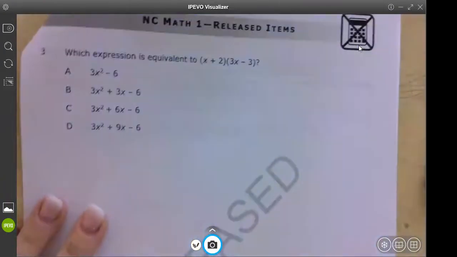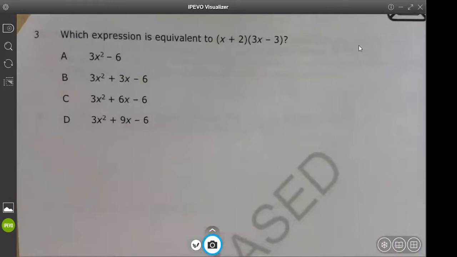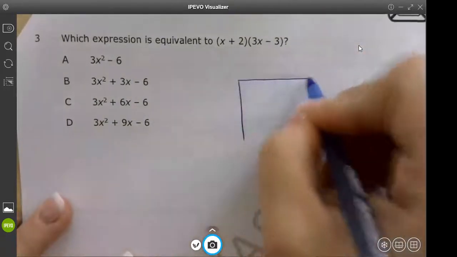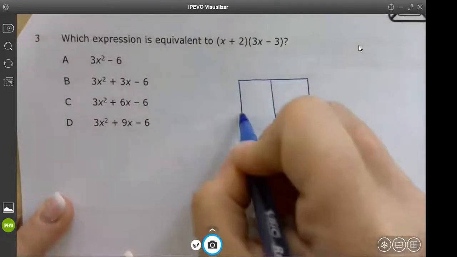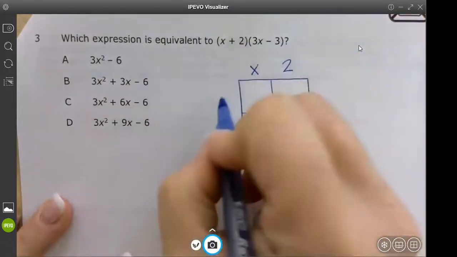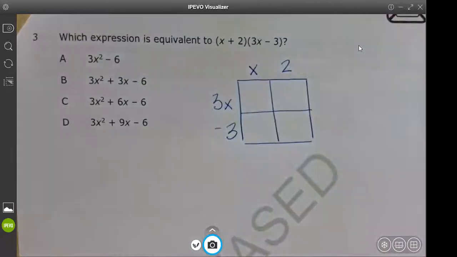How do we multiply these together? How did I teach you how to multiply these together? You guys remember? You're guaranteed to have one of these on your test. Guaranteed. Remember when we did the box? And we had an X and a +2, 3X and a -3.